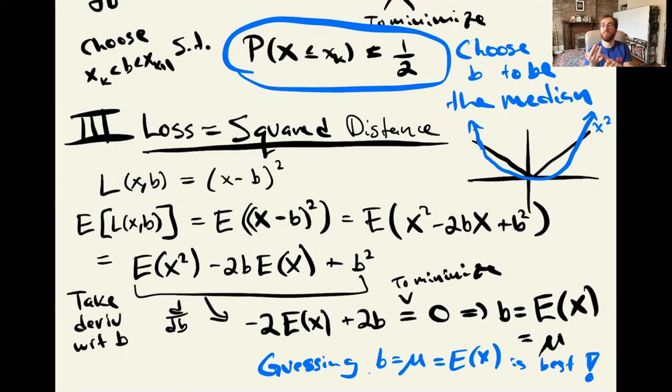I had the mode when the expected loss was just all or nothing, and either got it right or not. I got the median where my loss function was the distance from the right answer, and that'll be the amount you're fined. And then in the third case, we'll square that. And in that third case, the optimal choice was to guess the mean or the expectation of x.